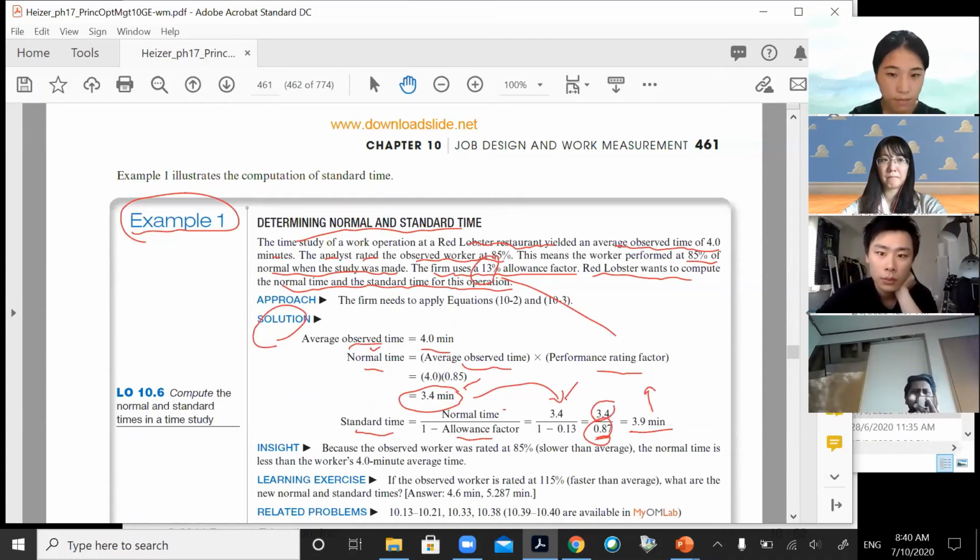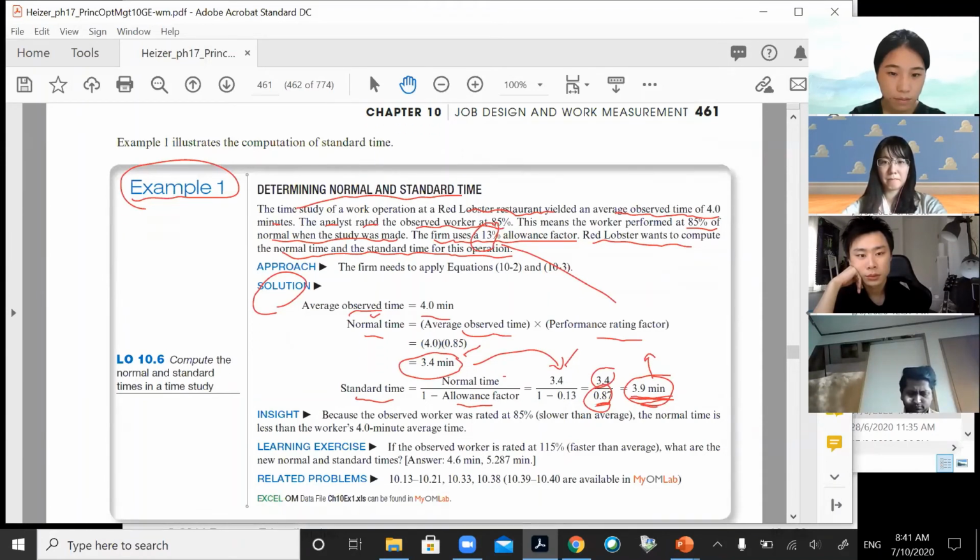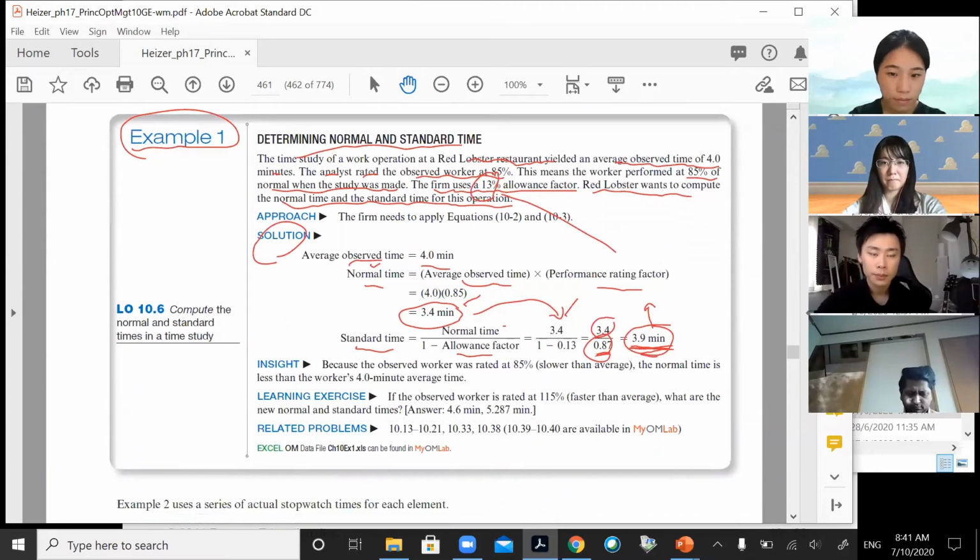Compare 3.4 with 3.9. If I say work at 3.4 minutes with no allowance, the worker will not be able to do the work. So now I've done the calculation and the standard time is 3.9 minutes, so you're giving enough time to actually do the work.